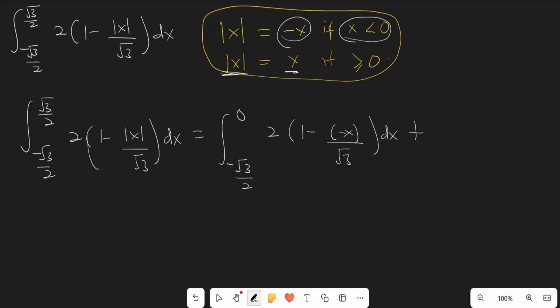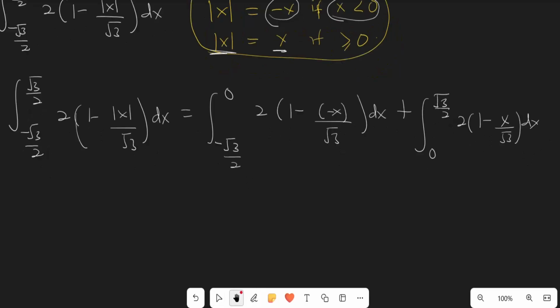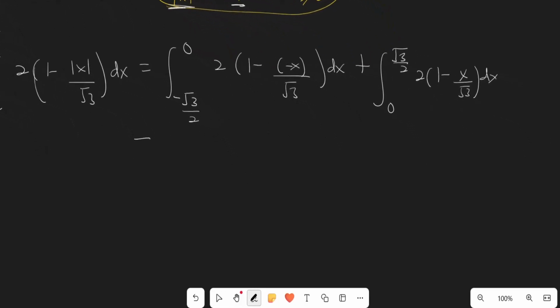Our limits of integration will run from 0 to square root of 3 over 2 of 2 times 1 minus x over the square root of 3 dx. So this is how our integral can be split.